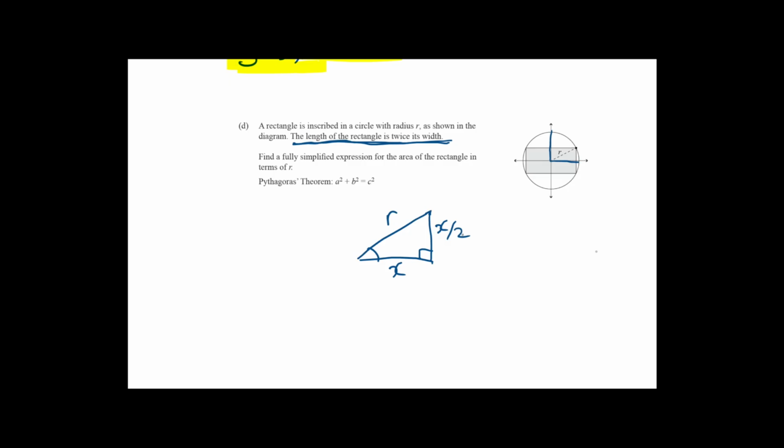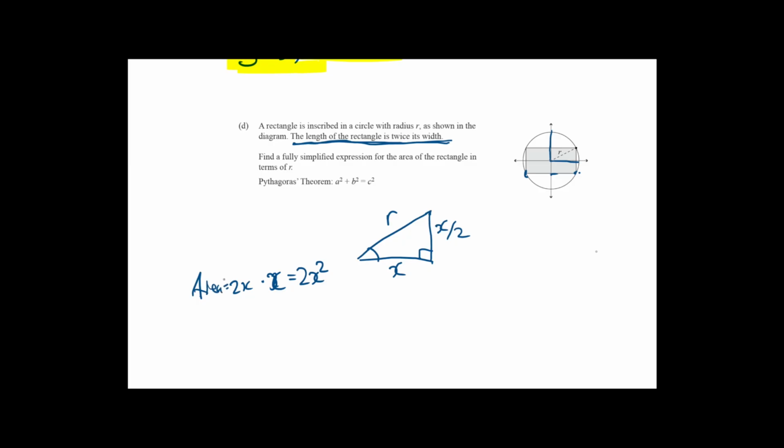So the area of this whole grey rectangle is going to be 2x times x over 2 times 2, which is x. Sorry, not 2, x. So that's going to be 2x squared. So the area is going to be 2x squared.